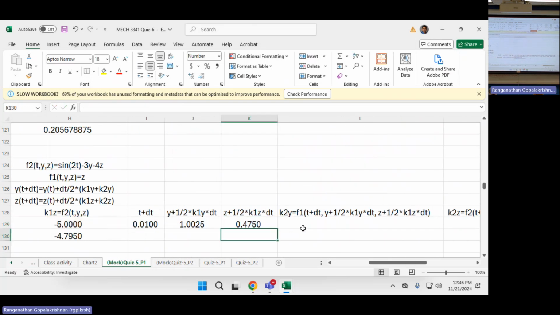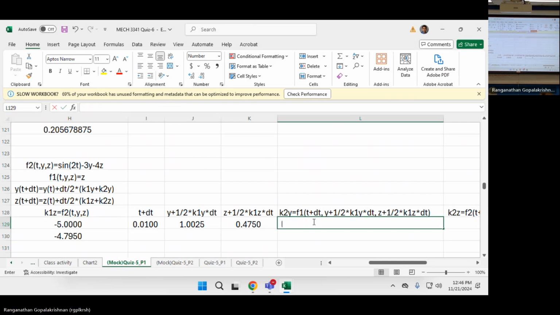Put the dollar sign. The reason I create these three values is, I'm sure you would understand, this function f1 has three arguments. This function f2 has three arguments. So I keep this nice and organized. So what is f1? F1 is simply z. Whatever z is, that is equal to f1.